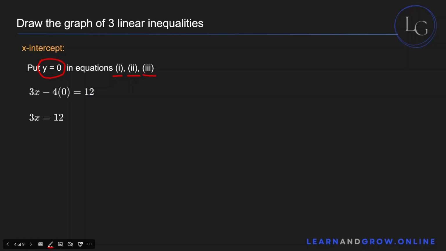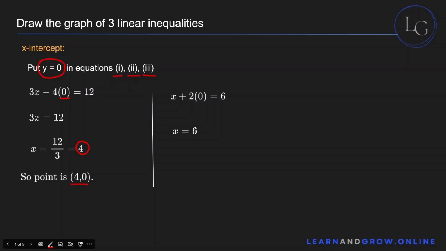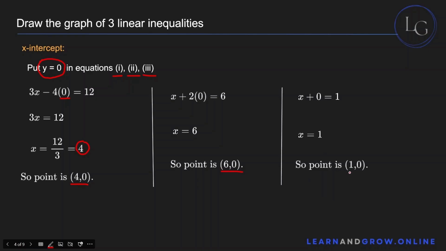So the first equation was initially 3x minus 4y is equal to 12. When you plug in y is equal to 0, it becomes 3x minus 4 into 0 is equal to 12. Now, the value of x that you get is 4. So the x-intercept for the first equation is (4, 0). Similarly, for the second equation, you get (6, 0). For the third equation, you get (1, 0).